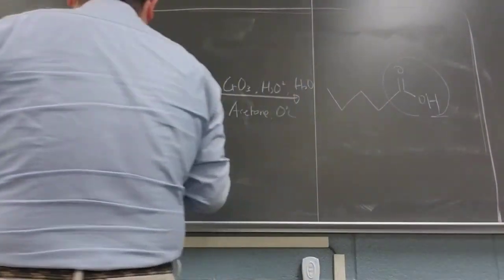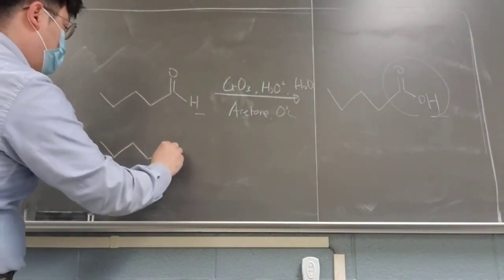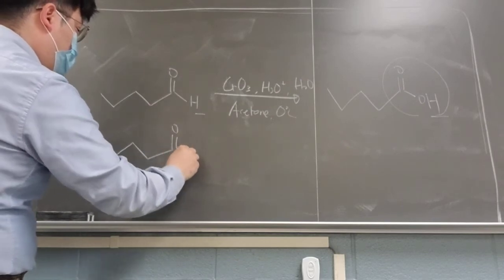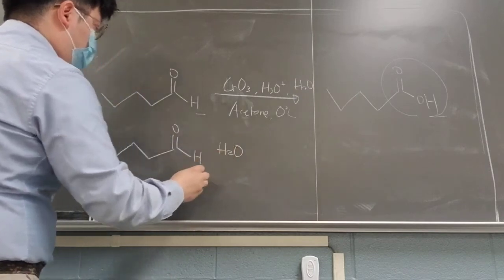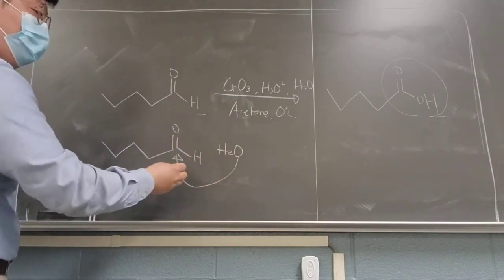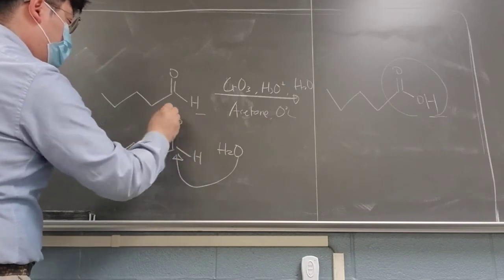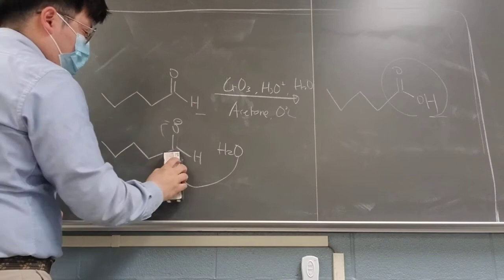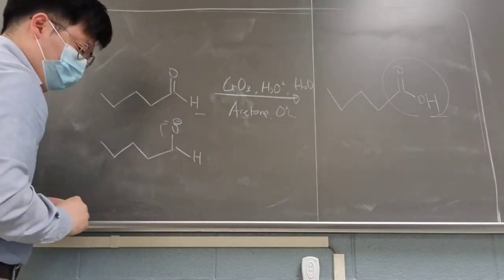So what happens to this one here is first of all, it actually interacts with water first. Okay. And so water goes there, okay. And then this will push to this one, to this one. So if that happens, this is now a single bond.